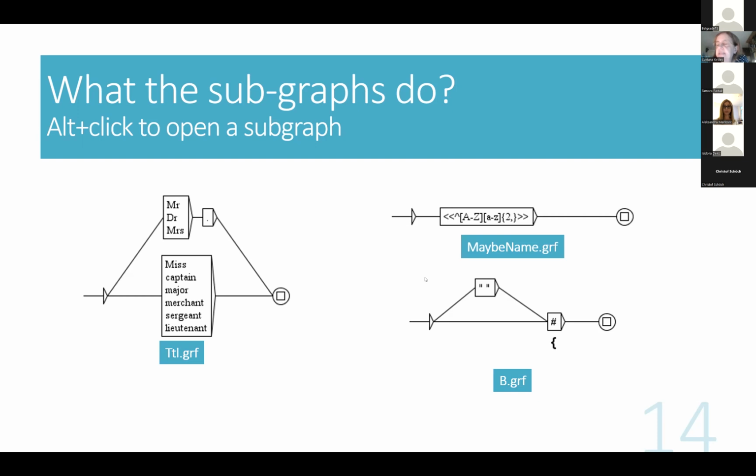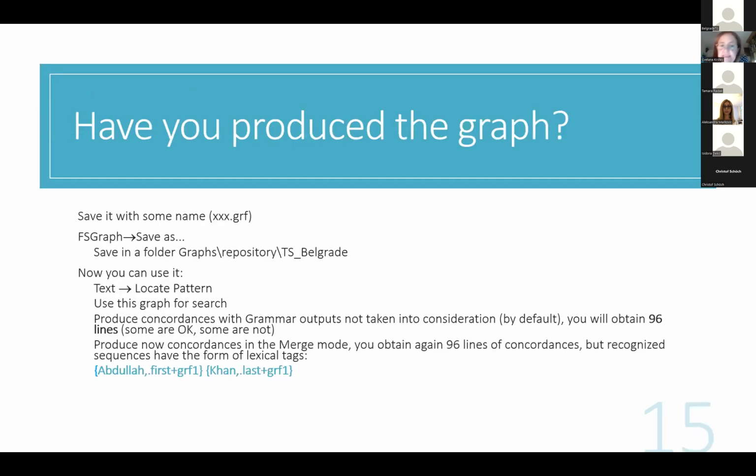It says in these double angle brackets that this token at the beginning has to have an uppercase letter followed by at least 2 lowercase letters. And then we say that's maybe a name. The graph B is special. I will not enter into why it's written like that. It's just to be sure to have a blank space between recognized text.